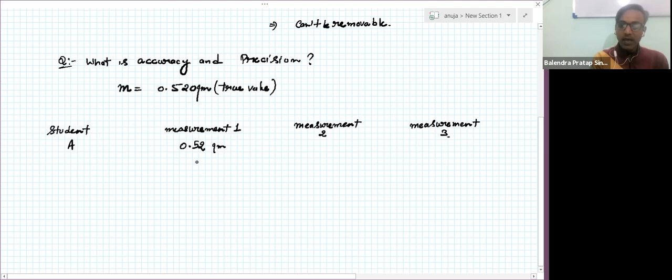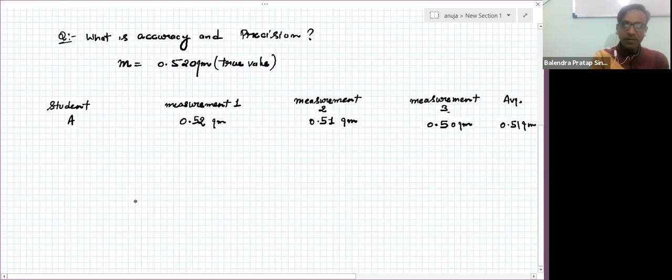In his next measurement he gets 0.51 gram, and in his third measurement he gets 0.50 gram. If we take the average of all these values, the average is 0.51 gram. So these are the measurements he got in his experiment for finding the true value of m.